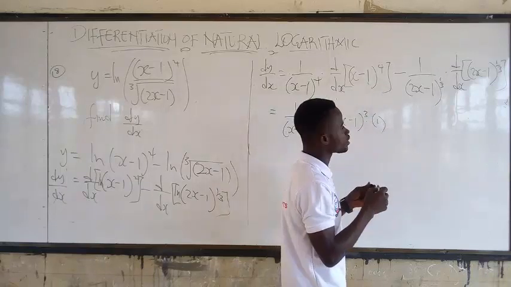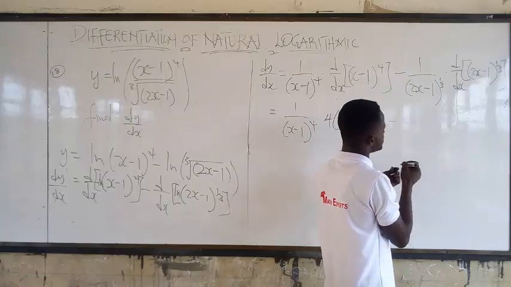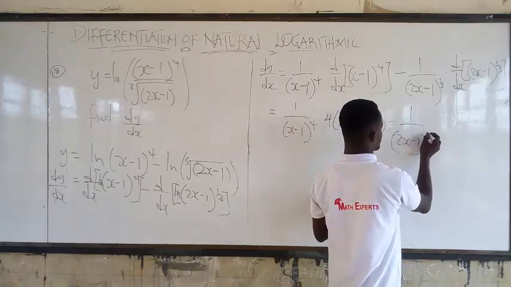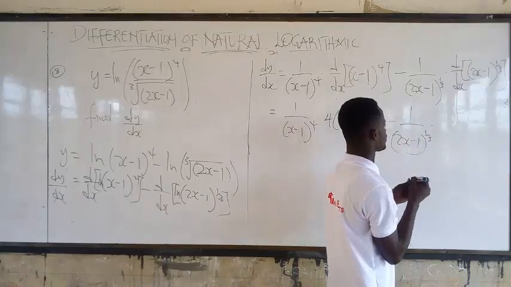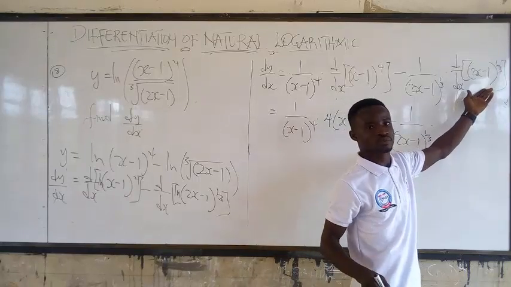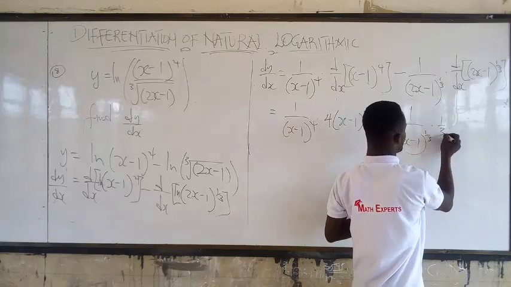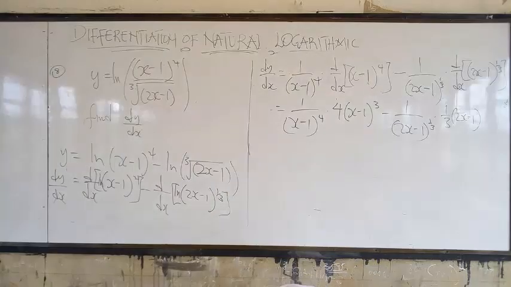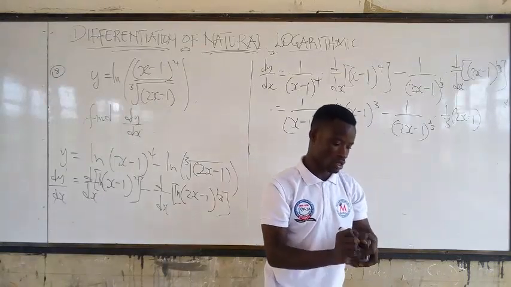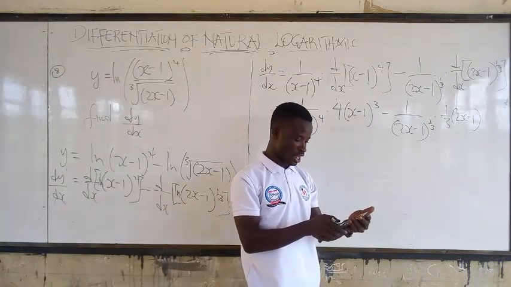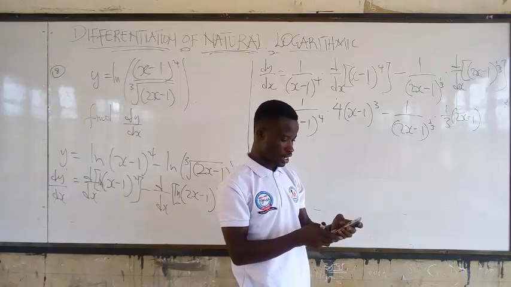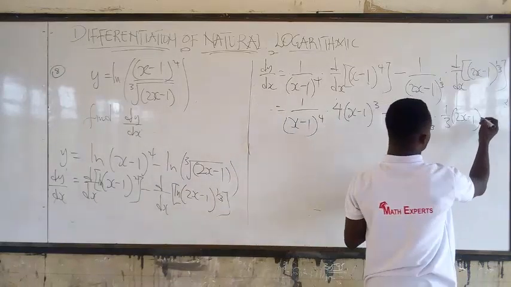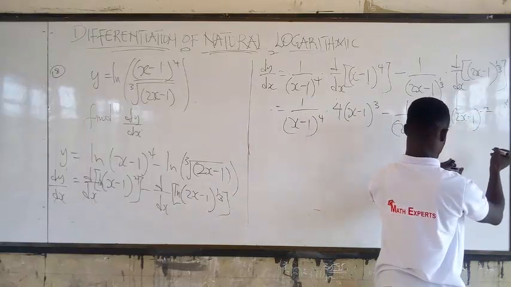Minus, repeat this: general power rule, 1 over 3 multiplying (2x minus 1). If you have a problem, take your calculator: 1 over 3, and subtract 1 from it, you get negative 2 over 3.